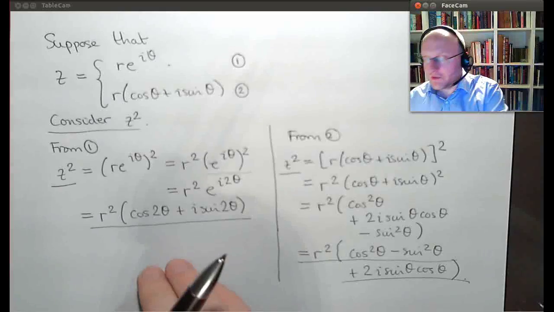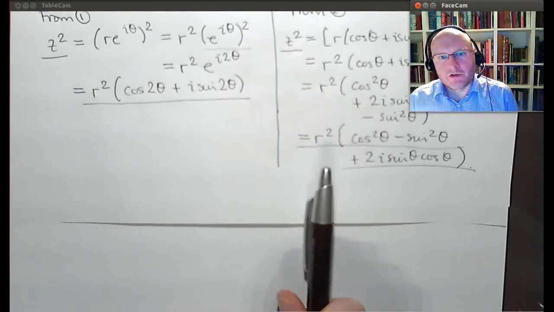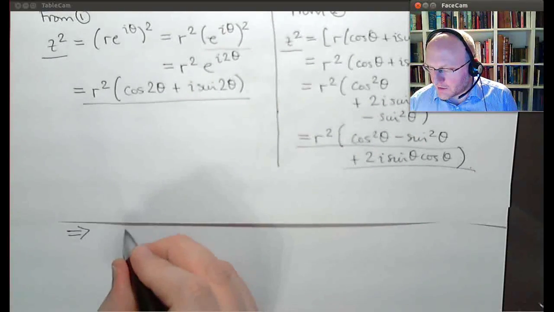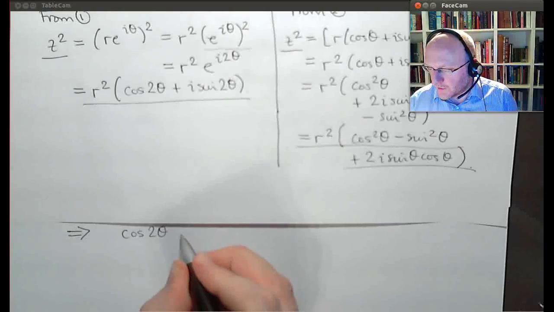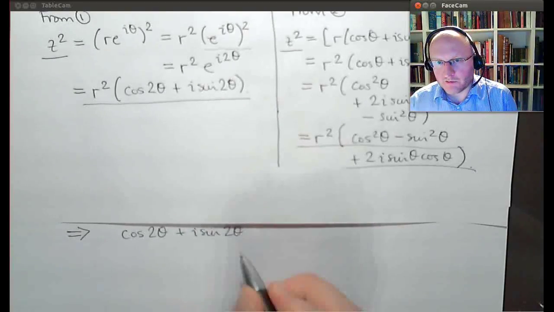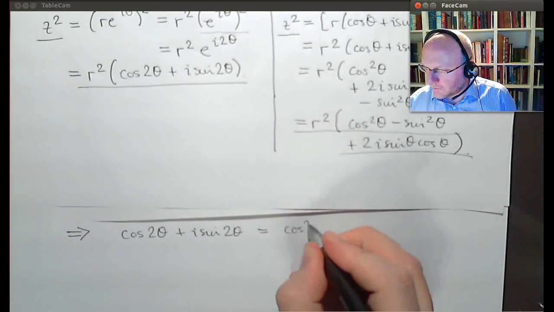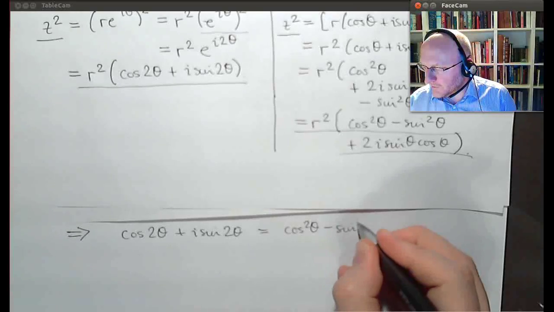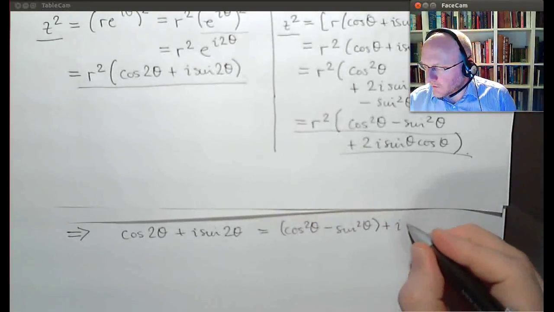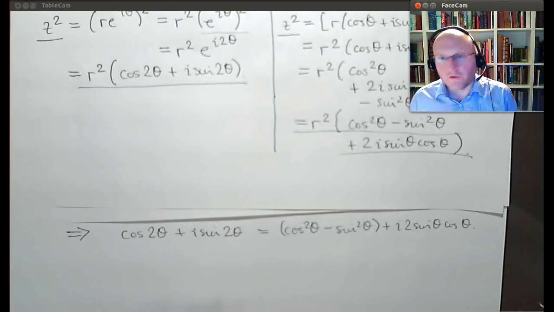And this is how we deduce our trig identities. So I've left the two expressions here at the top. So what have we deduced? We've deduced that cos of 2 theta plus i sine 2 theta is the same thing as cos squared theta minus sine squared theta plus i lots of 2 sine theta cos theta.